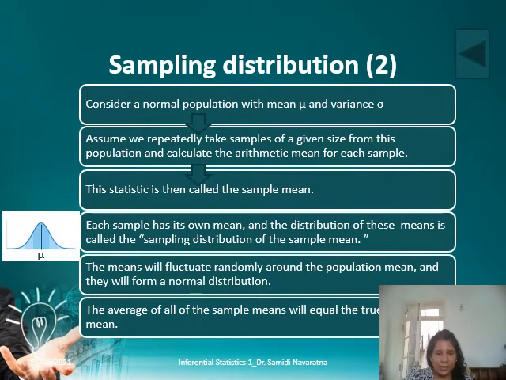So the important thing in this slide is, please note the last one, the average of all the sample means will equal the true population mean. Okay. So the important thing is, now if you just look at this frequency distribution given here. So if this is drawn using the sample means, then the mean of this will represent the true population mean.